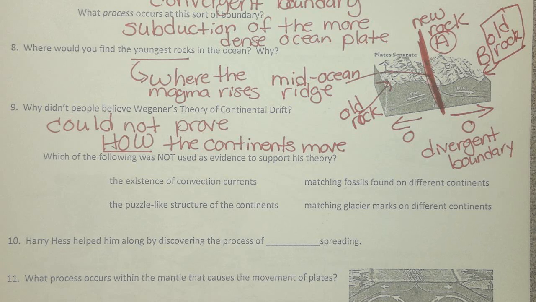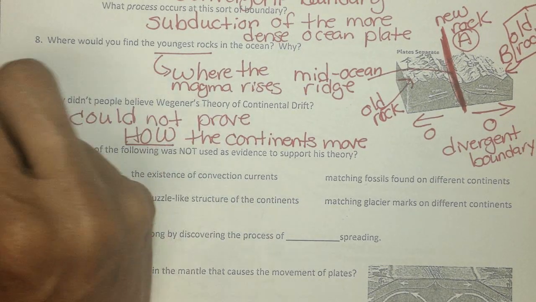All right, onward. Which of the following was not evidence that Wegener used to support his theory? Okay, so remember his theory had 4 pieces of evidence.